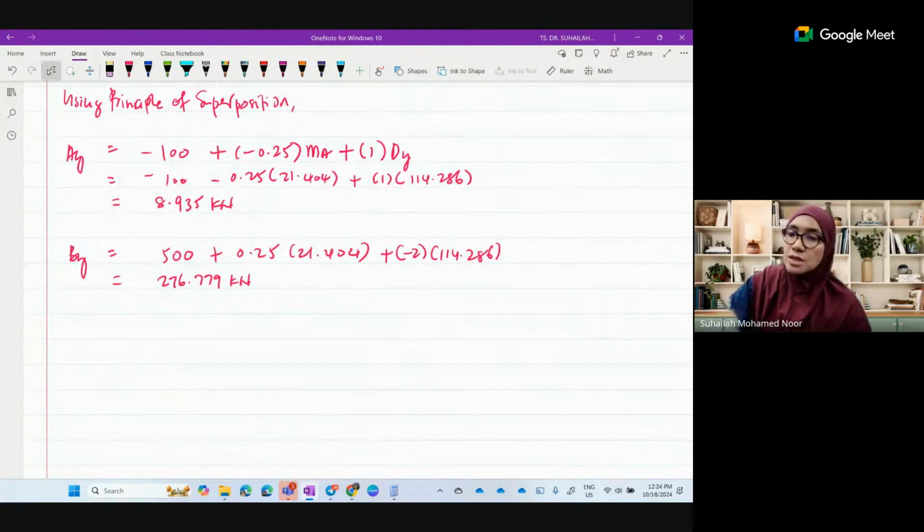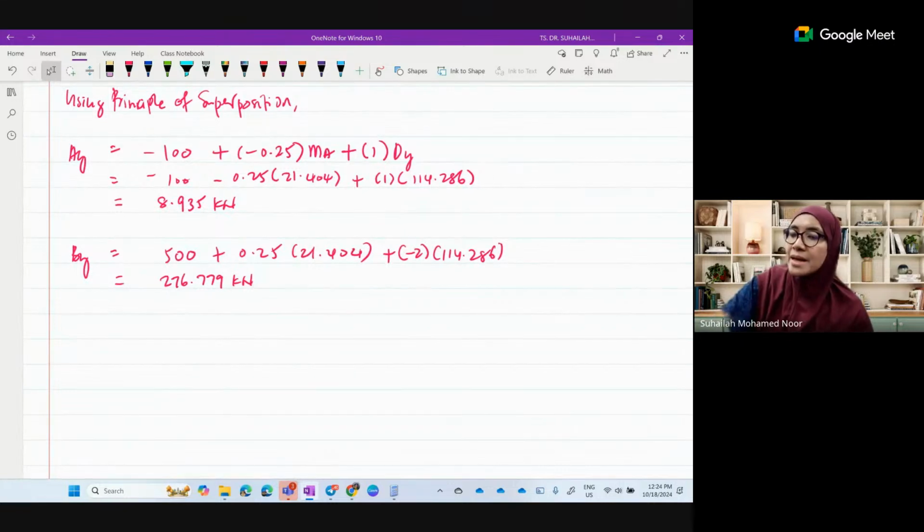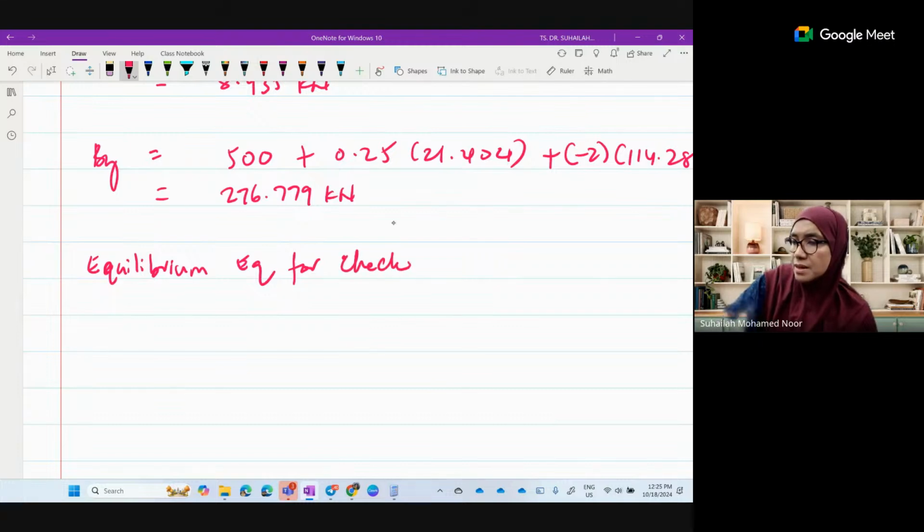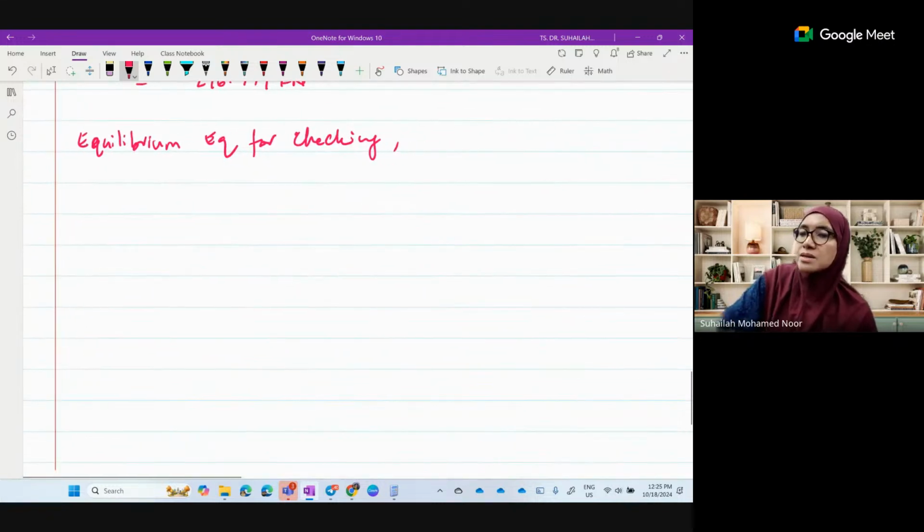Okay. So last, yang ni dah habis dah. So kita boleh pakai equilibrium equation for checking. Tapi yang ni option je lah, tak wajib, for checking. Kita dah ada the system.